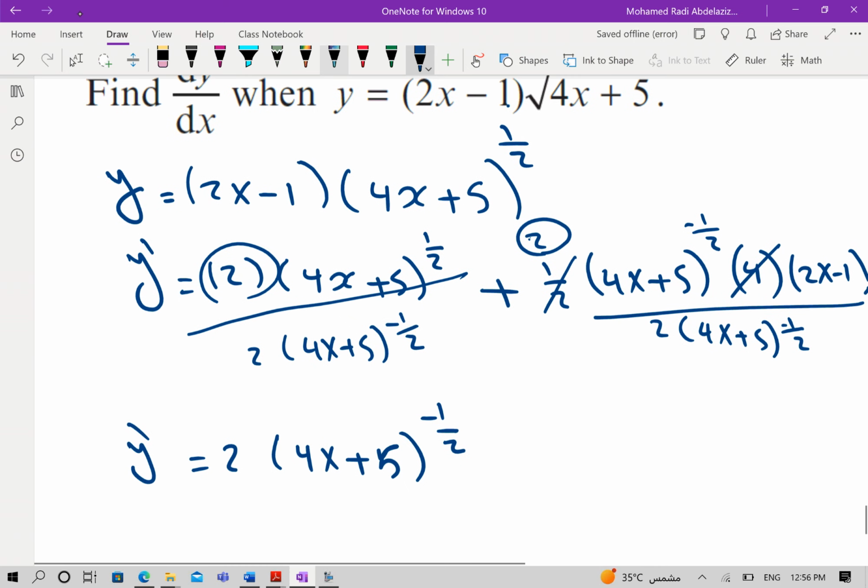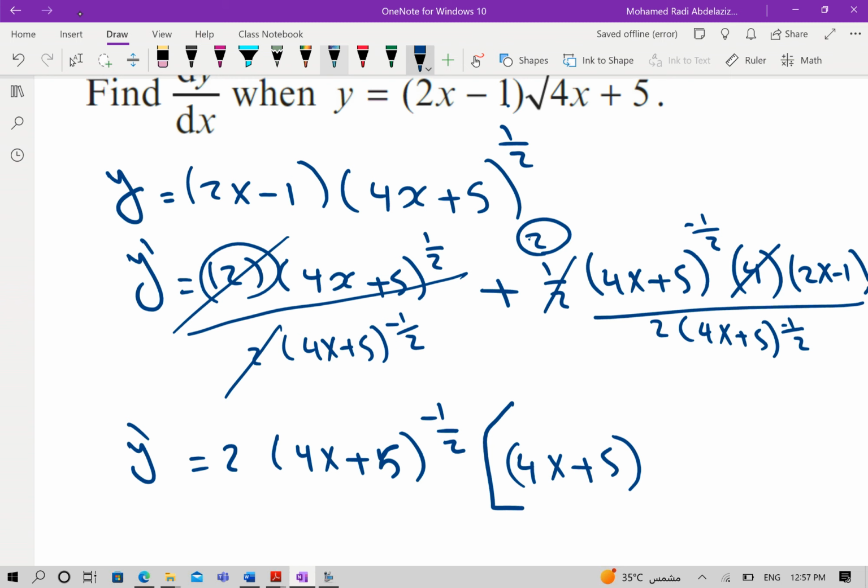Then start to simplify. Divided by 2, half minus negative half will be 1, so (4x plus 5) all to the power of 1, plus 4. We take 2 already outside, common factor, cancel 2 with 2, so (2x minus 1) left.